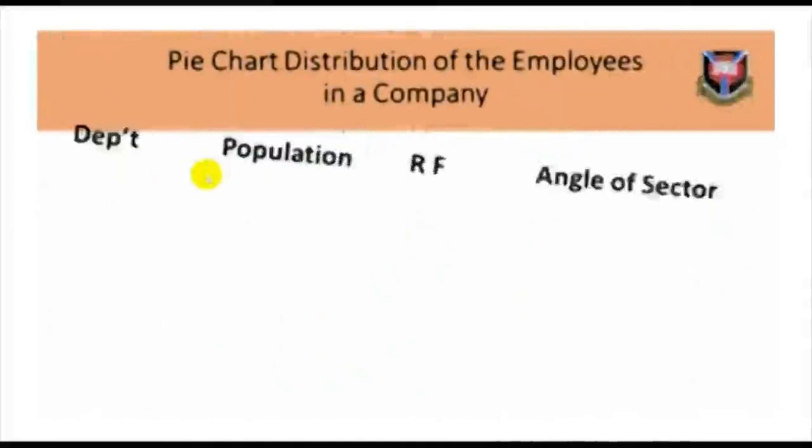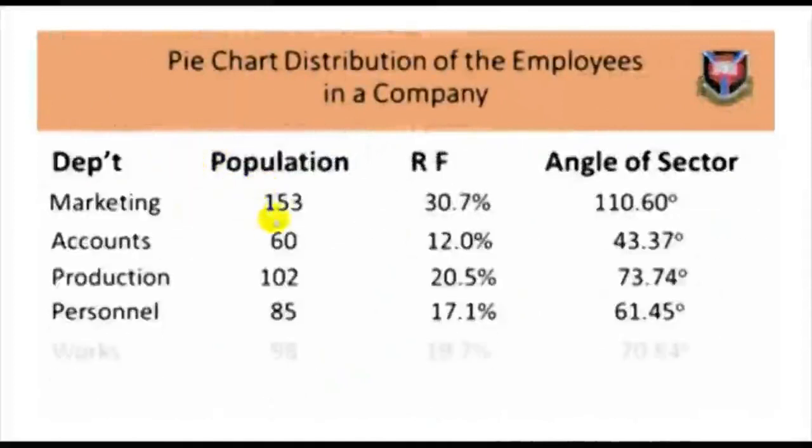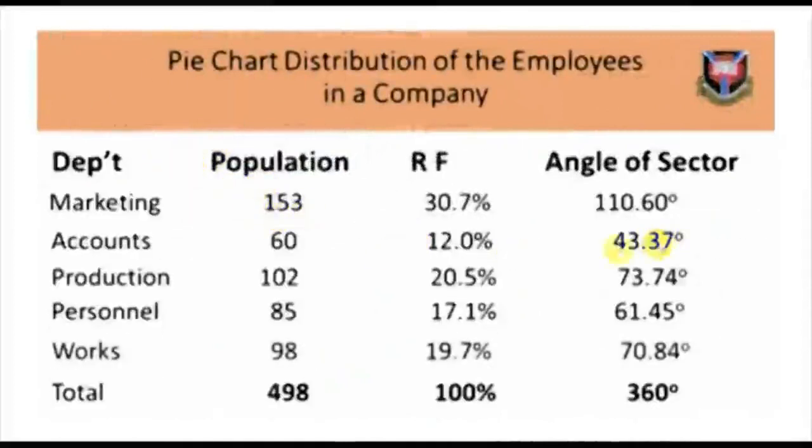Accounts, 60 over 498 times 360 over 1, which will give us 43.37 degrees. For production, 102 divided by 498 times 360 degrees over 1. That will give us 73.74 degrees.